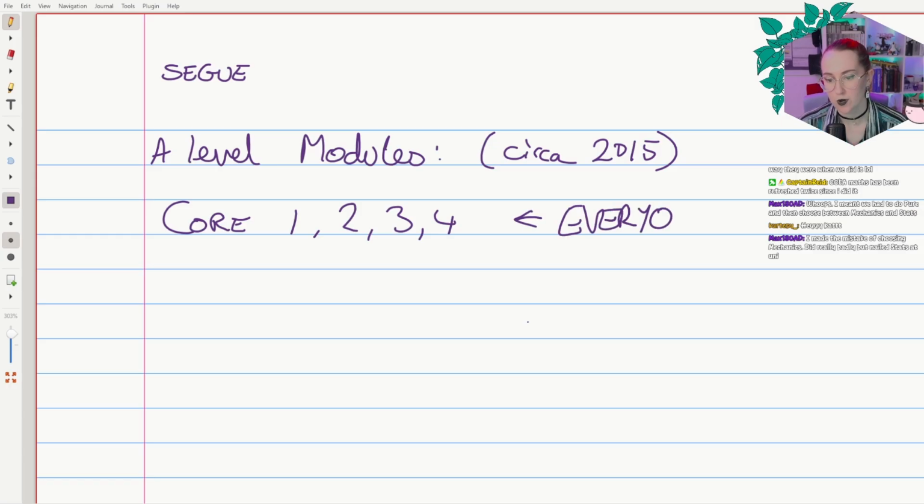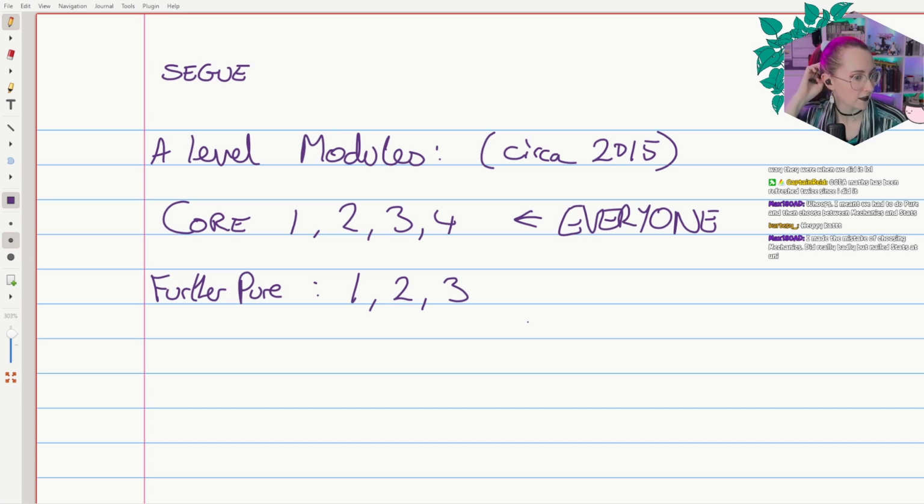No matter what course you were on, further maths, double maths, whatever, you had to do C1 through C4. Then you had further pure, and you had further pure 1, 2, or 3. Now 3 was not offered where I was. In most places, I think it typically isn't a thing unless they're doing a lot of support for quite high entry, like Oxbridge entry exam problems.